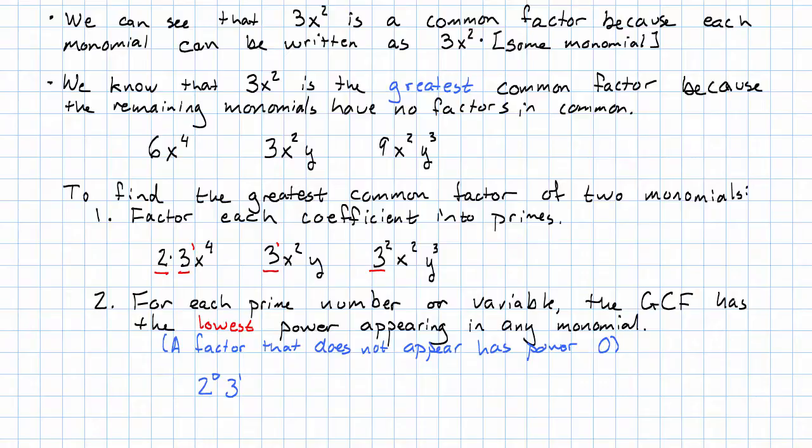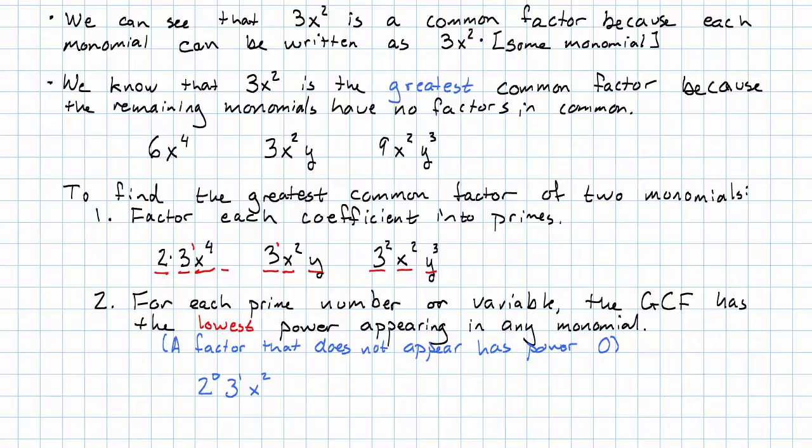What about x? I've got x to the fourth, x squared, and x squared. The lowest power of x is x squared, so x squared is going to appear in my greatest common factor. And finally, y. I have y to the 0, y to the first, and y to the third.